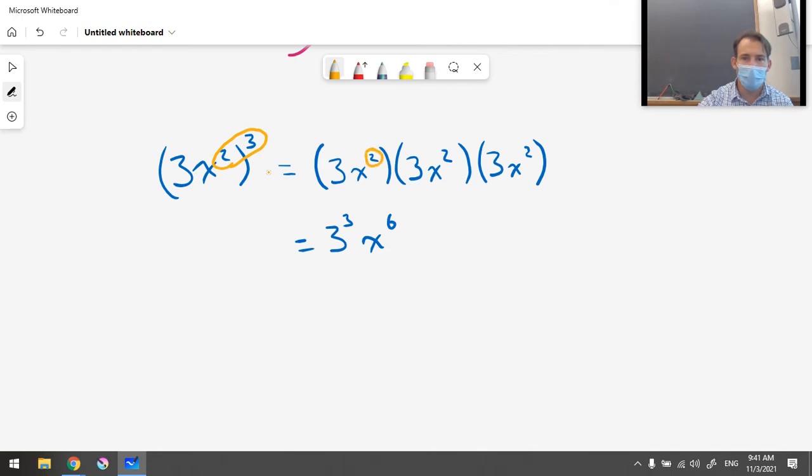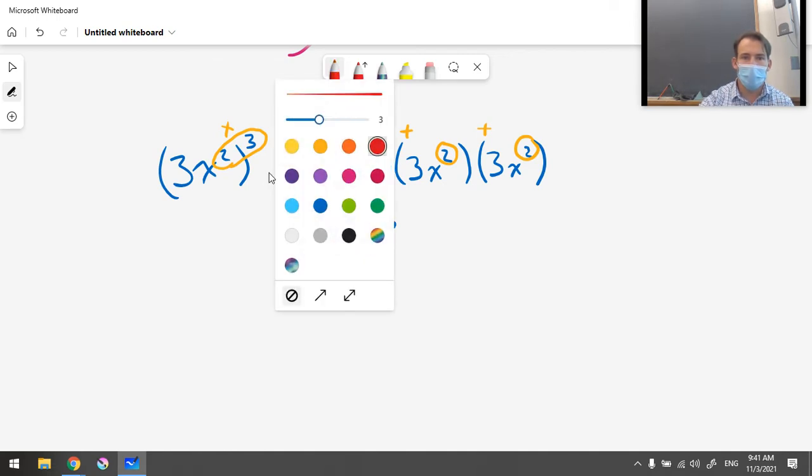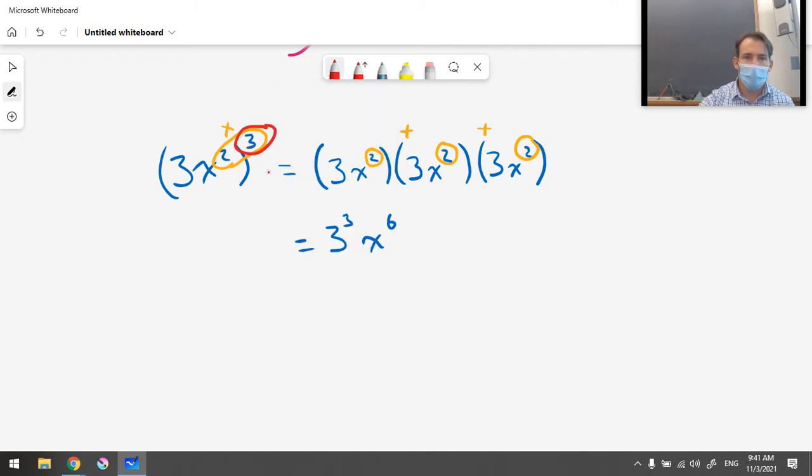But I can also write it out as a repeated multiplication and add, or I can multiply here. Adding would give me 2 plus 2 plus 2 is 6, but adding something repeatedly is the same thing as multiplying. But I also need to remember that this power applies also to the coefficient and to the variable.